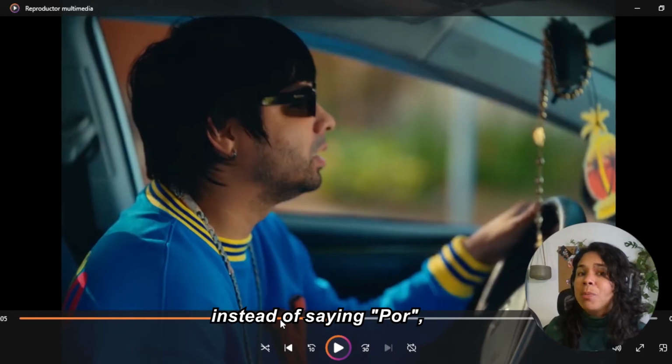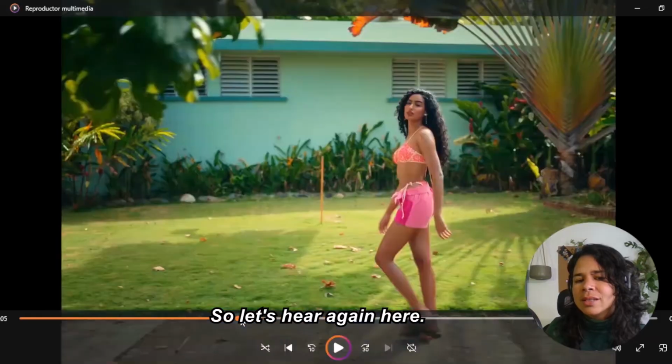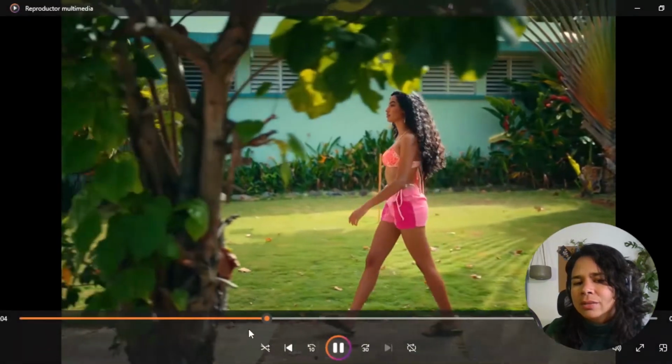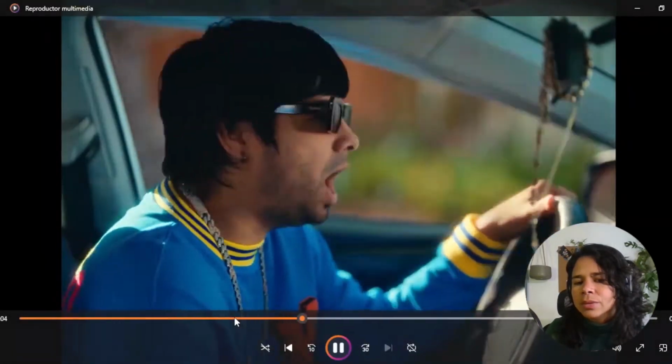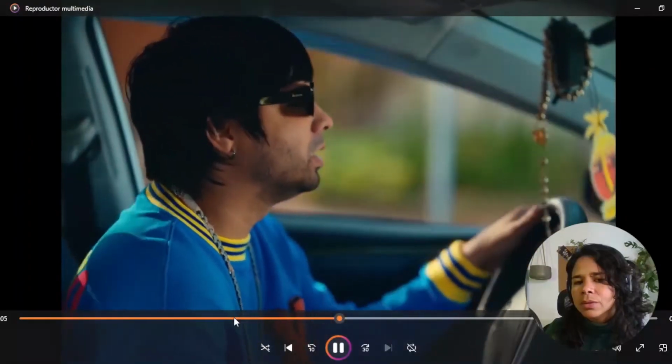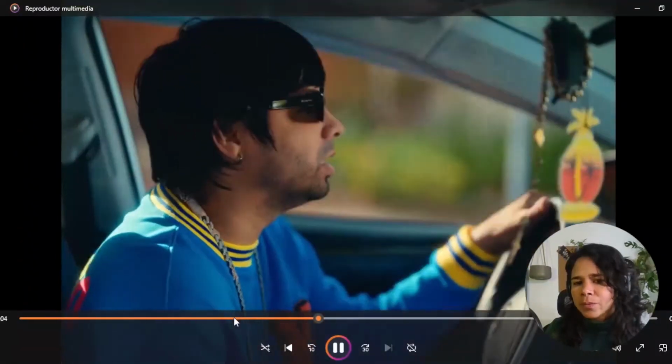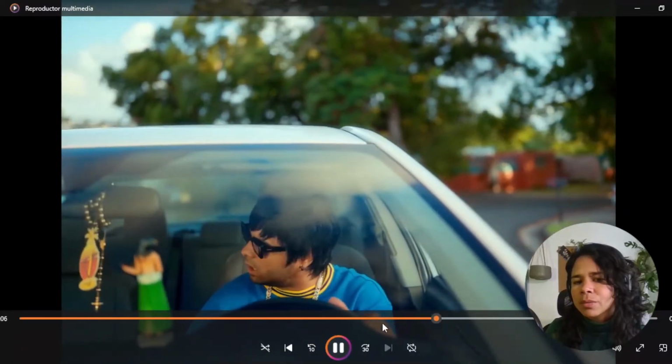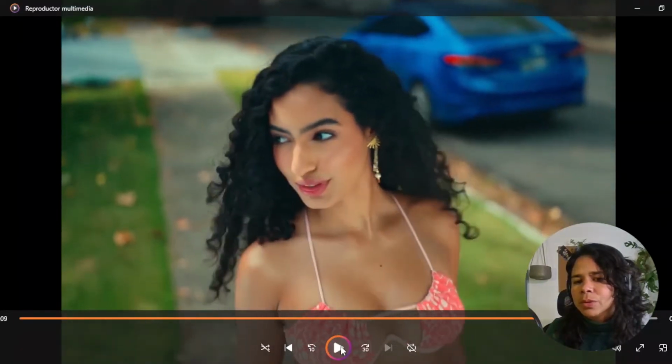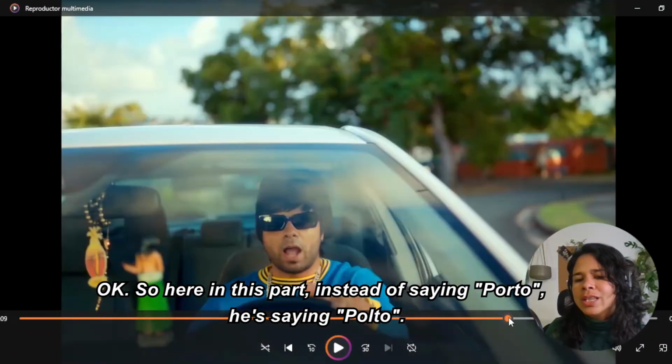Instead of saying por, he's saying pol. So let's hear again. Okay, so here in this part, instead of saying porto, he's saying polto.